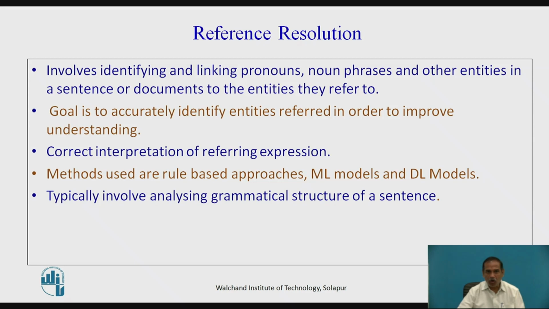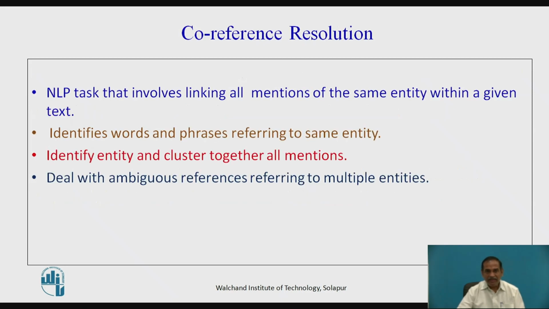We typically involve analyzing the grammatical structure of a particular sentence, which tells us the accuracy and correctness of the particular language vocabulary. We then go for coreference resolution, which is an NLP task involving linking all the mentions of the same entity within a given text.